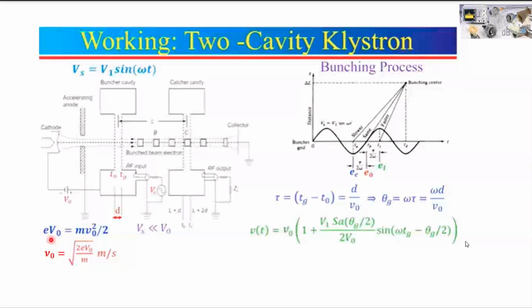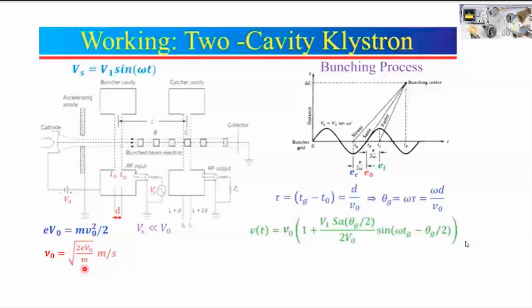These are basic things you already know. Kinetic energy is half mv squared, and potential energy is eV0. After equating, you get v0 equals the square root of 2eV0 divided by m.